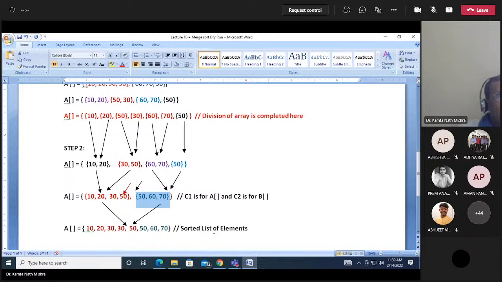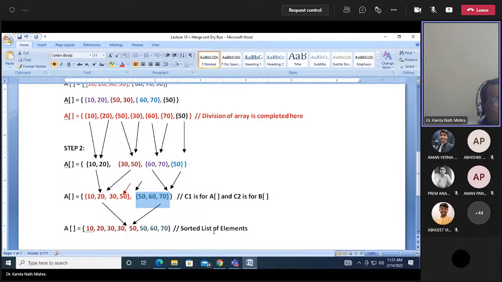Firstly, B0 will be compared with 30, that is, A3. I said array A: A0, A1, A2, A3. And array B: B0, B1, B2.